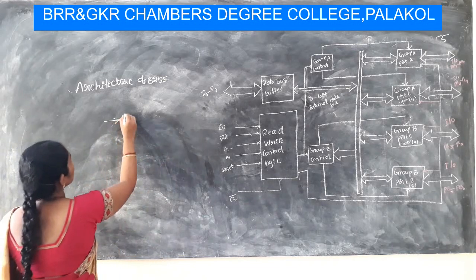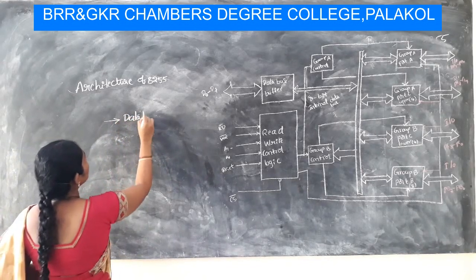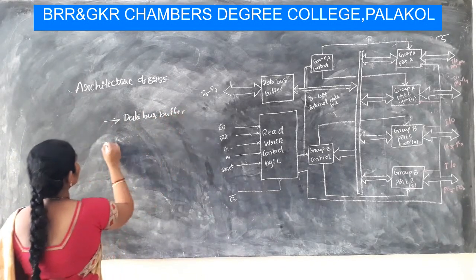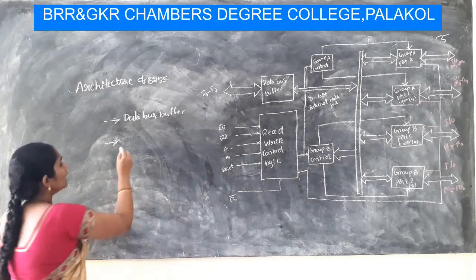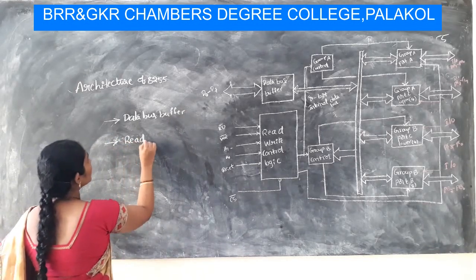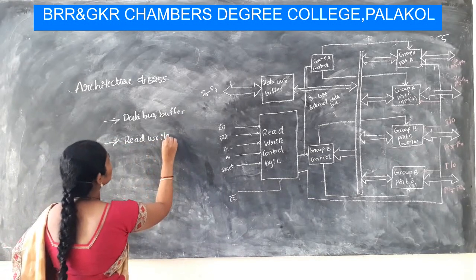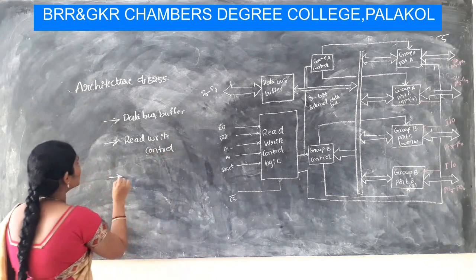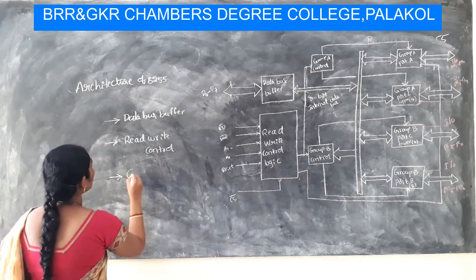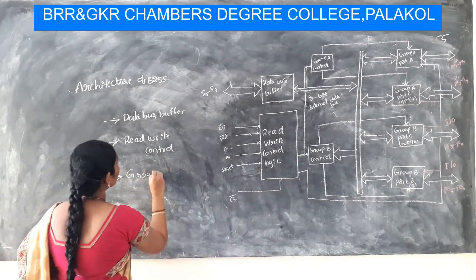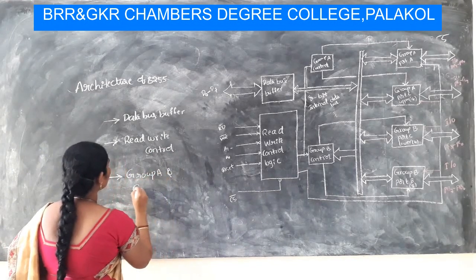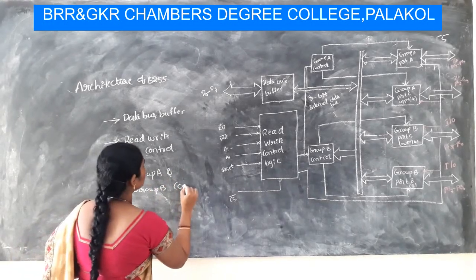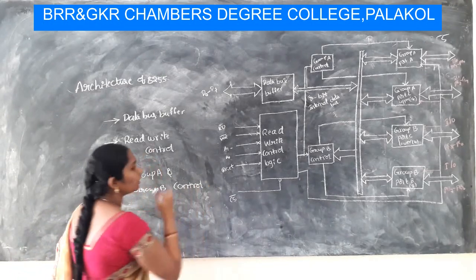Those are the data bus buffer, the next one is the read write control logic, and the third one is the group A and group B control.